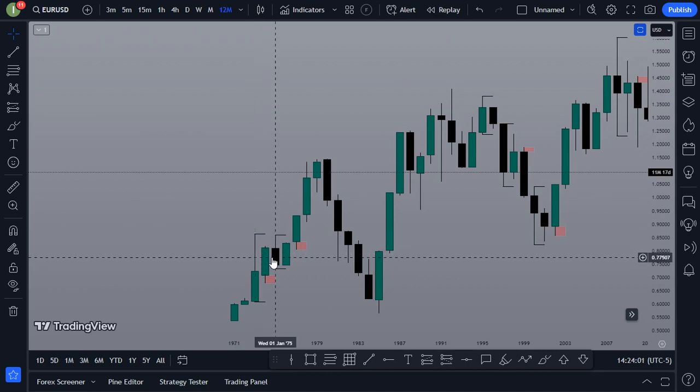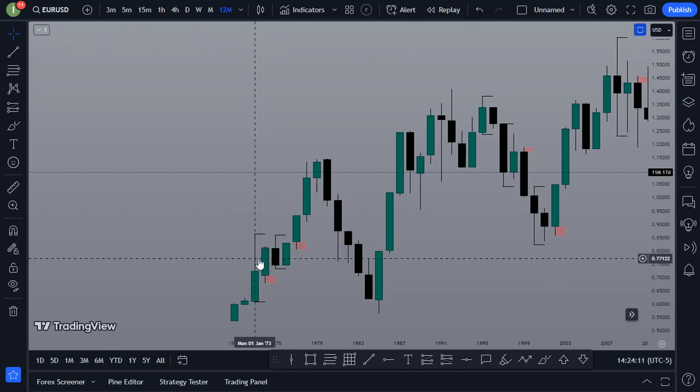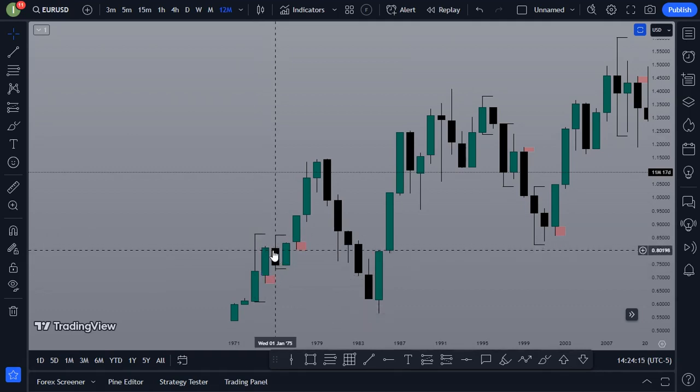The next candle, most of the time, is going to be the opposite of that candle, right? So this was a bullish candle that created this inside bar. The next one was a bearish candle, right?